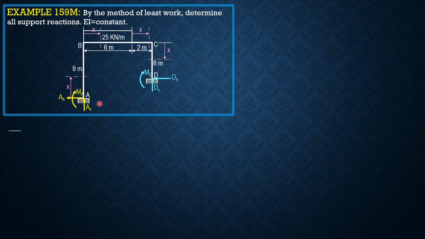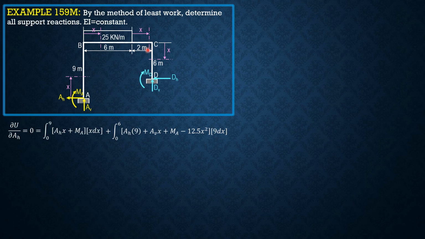So first, partial of U with respect to AH equals 0 equals integral, the moment in this equation is AH times x plus MA. The derivative with respect to AH is x dx. Then on the second section, considering all forces to the left and below, we have plus integral of AH times 9 plus AV times x plus MA minus 25x times x over 2, or minus 12.5x squared, times derivative 9 dx of this equation.